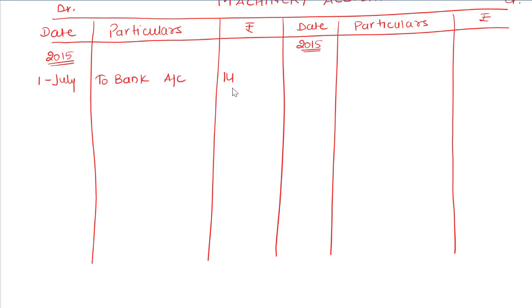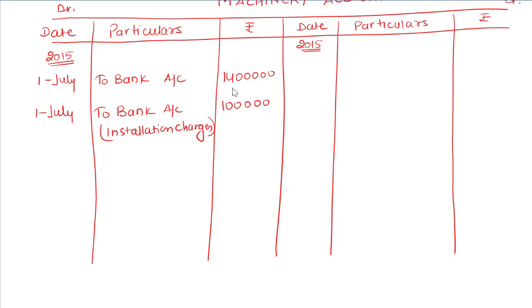The machinery is purchased for 14 lakhs on the same date, that is 1st July 2015. The installation charges of 1 lakh incurred. Understood?